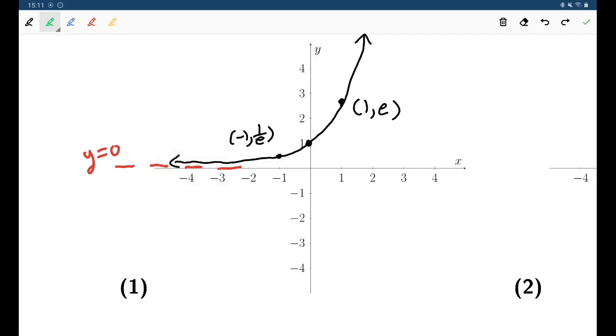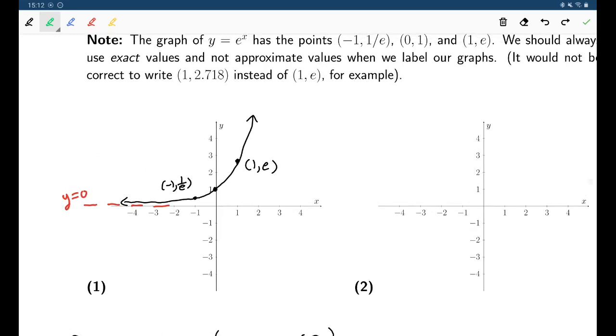This is not going to be crossing the x-axis. So although it might look like it, my graph here is actually just becoming closer and closer to that horizontal line of y equals 0, but it's not actually crossing it. So even though my graph might make it look as though it's about to cross, it is not. This is getting closer and closer to being horizontal on the left-hand side.